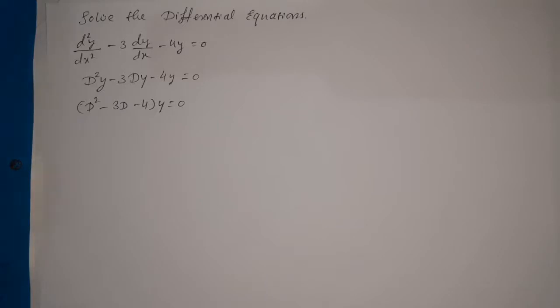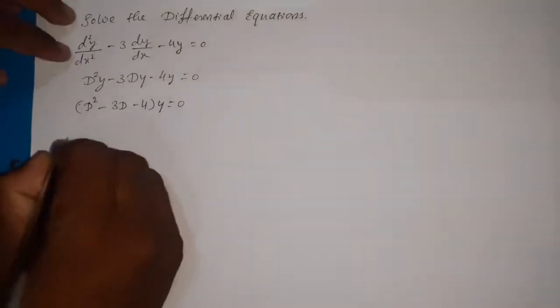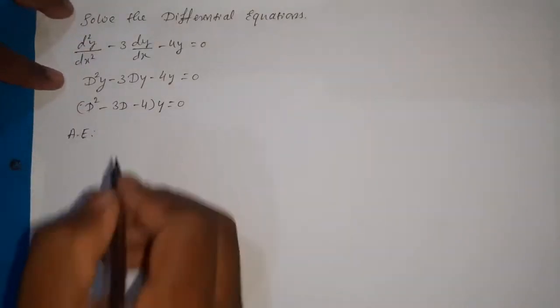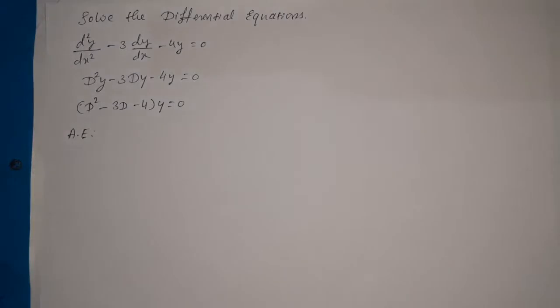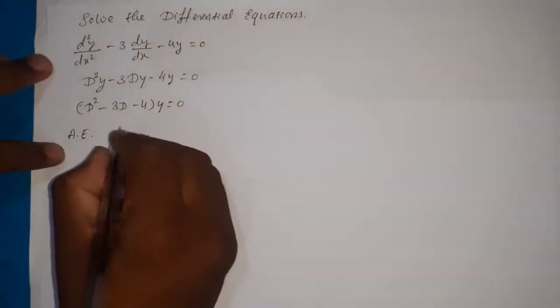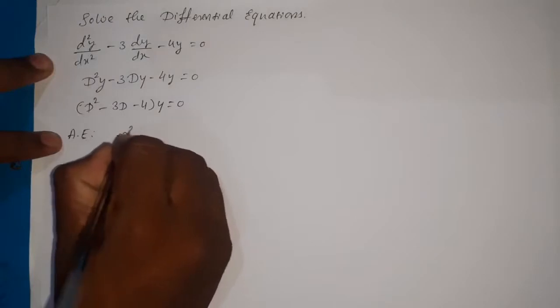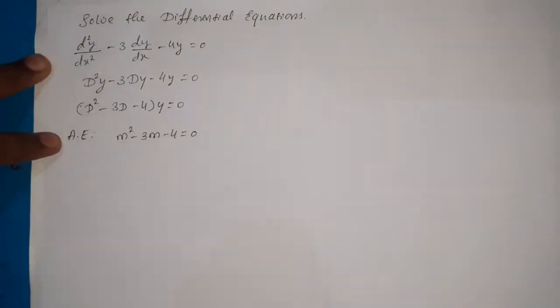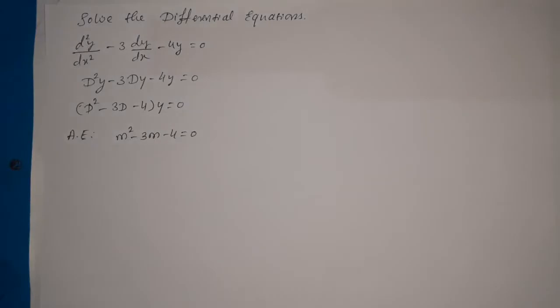Then the next step is to write the auxiliary equation. So here while writing the auxiliary equation we are using small m instead of capital D, because for our convenience we are writing the auxiliary equation as m square minus 3m minus 4 equal to 0.